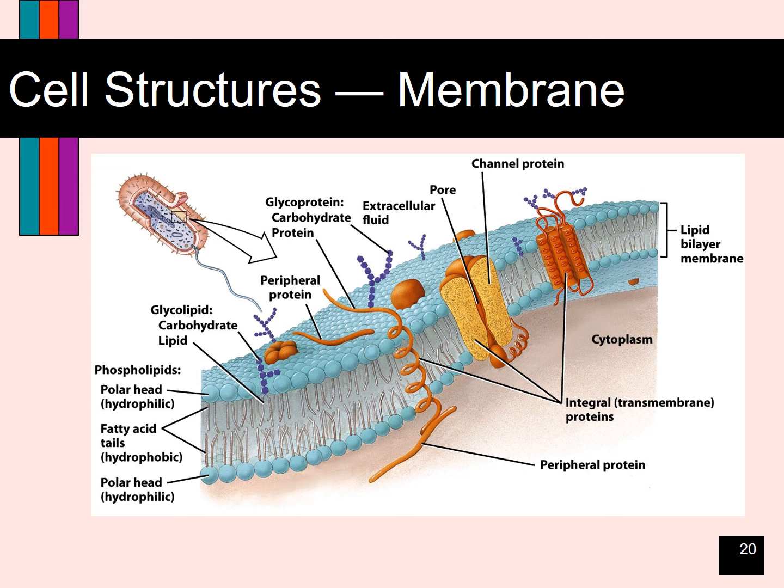So the peripheral protein that you see on the outside of the cell is just associated with the membrane, whereas the peripheral protein that you see on the inside of the cell is actually associated with the transmembrane spanning protein. So there are transmembrane spanning proteins. There is a channel protein, like we were talking about, that could be used for some type of transport.